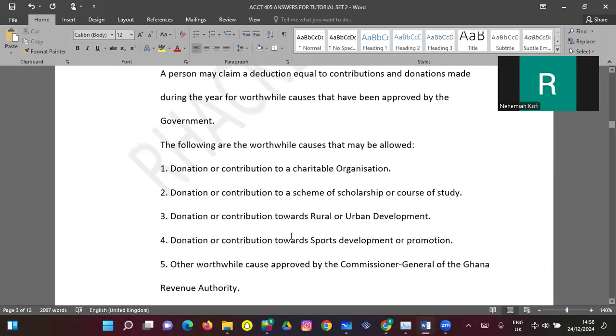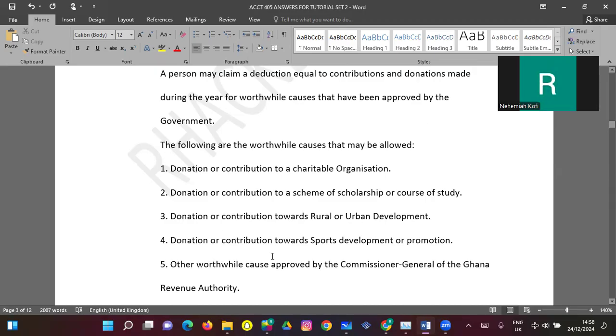The following are worthwhile causes: donation or contribution to a charitable organization; to a scheme of scholarship or course of study; and towards rural or urban development, like the Ikrasi Fund.